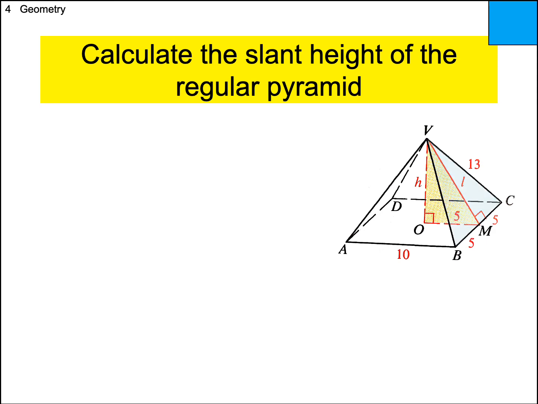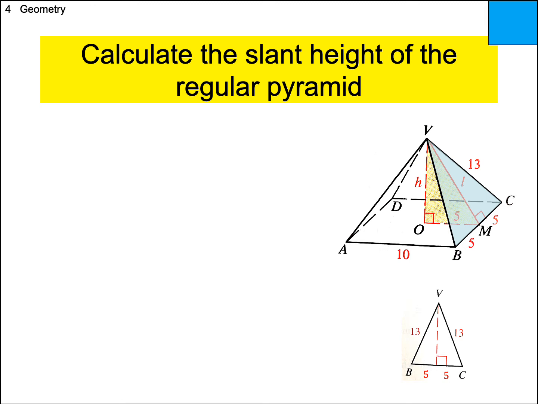The different way is to look at one of the lateral faces. I'll color it blue. If I draw that lateral face off to the side, I get that particular triangle. What I'm actually calculating is the distance between V and the bottom, the perpendicular distance, which would be the height of that triangle.